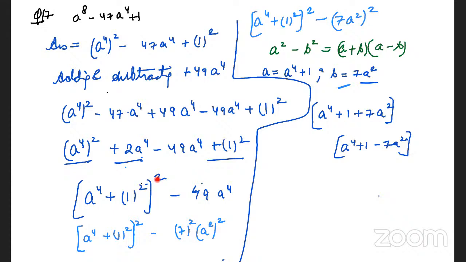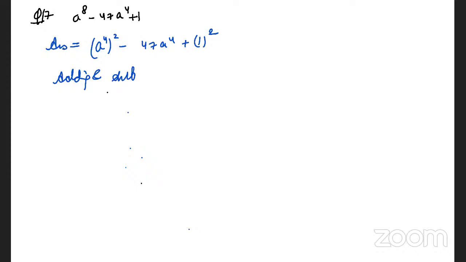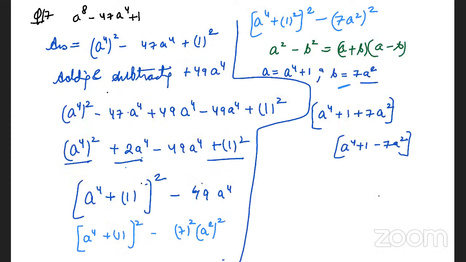Understood? Yes or no? Tell me, did you understand? Okay. So now a plus b whole square minus 49a to the power of 4. Can I write 49 as 7 square? And a to the power of 4, I split into 2 and 2.